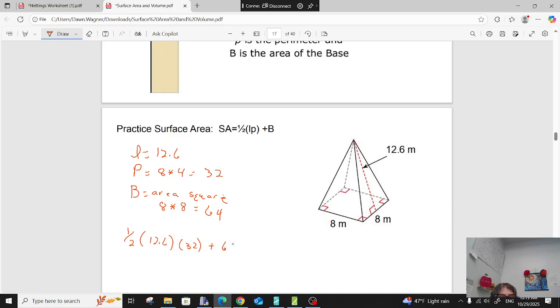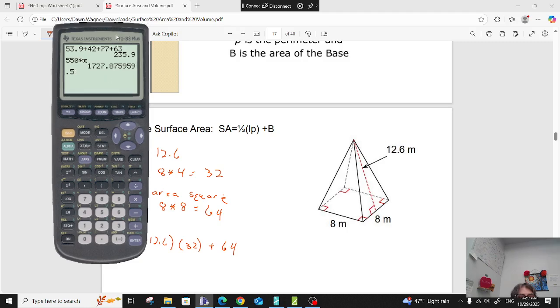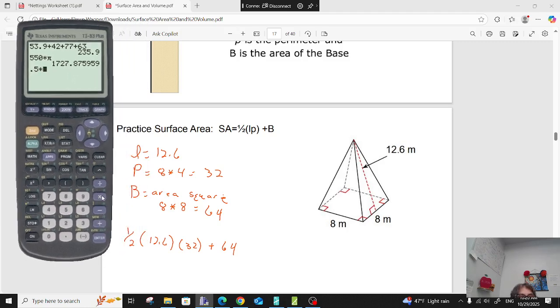plus 64. On my handy dandy calculators, what's an easy number to put in a calculator instead of 1/2? 0.5. So when I do this, I'm going to do 0.5 times 12.6, 32 plus 64.